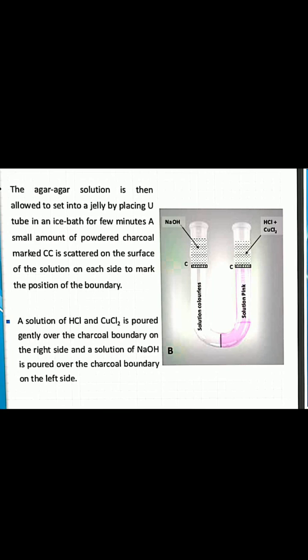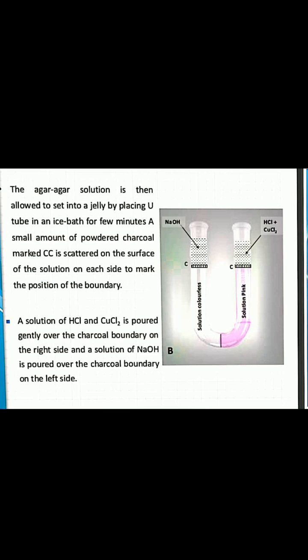See, this is NaOH and HCl, and this is the charcoal. Now, a solution of HCl and cupric chloride is gently poured over the charcoal boundary on the right side, and NaOH is poured over the charcoal boundary on the left side.